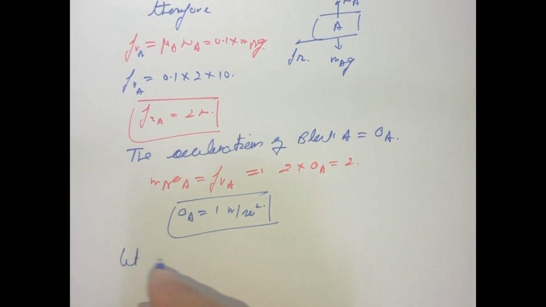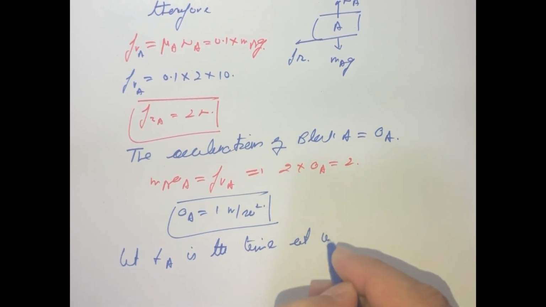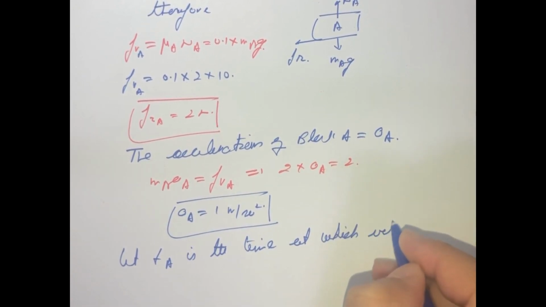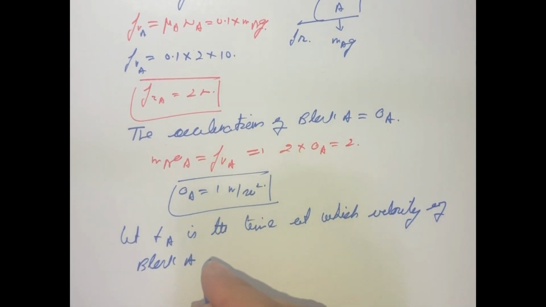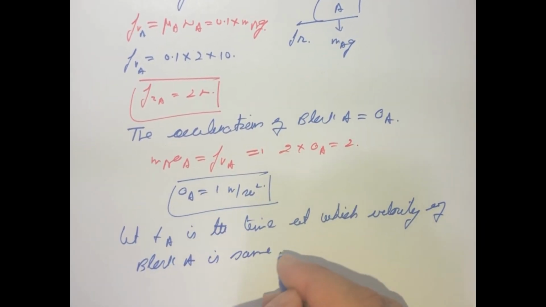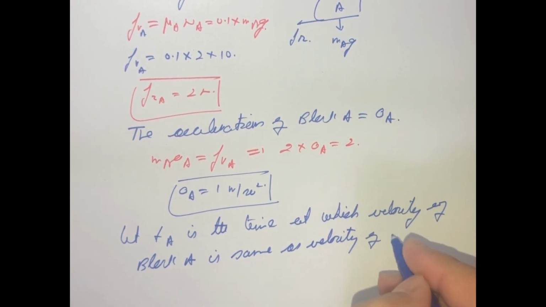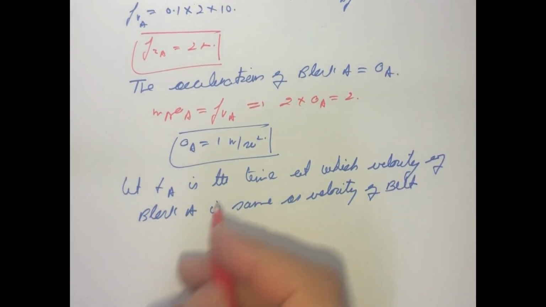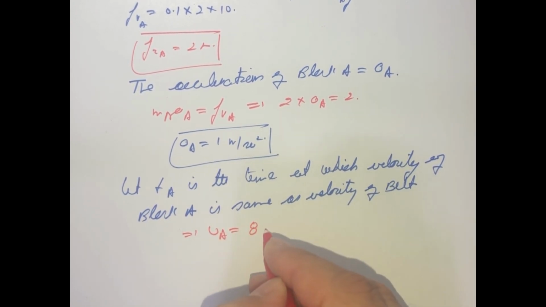Let TA be the time at which the velocity of block A is the same as the velocity of the belt. So which basically means that the velocity of A will be equal to 8 meter per second.